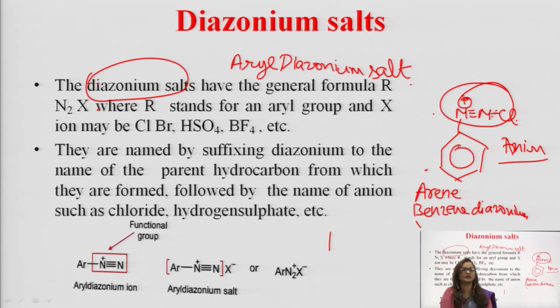So in this first slide, my motive is that you must understand what diazonium is, what the meaning of aryl is here, and what the meaning of salt is here.